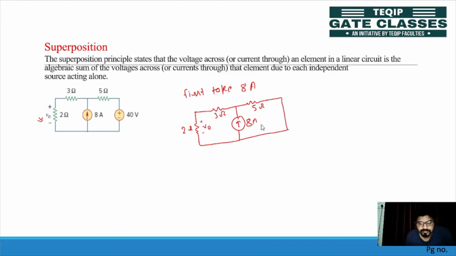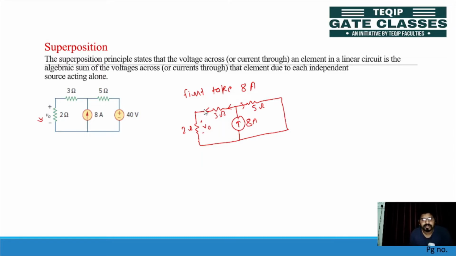Okay, so if we have this circuit, then what will be the current in this branch? We can directly apply the current divider rule. Here the total resistance is 3 plus 5, and here also the resistance is 5. It means this 8 ampere will equally divide in these two branches.